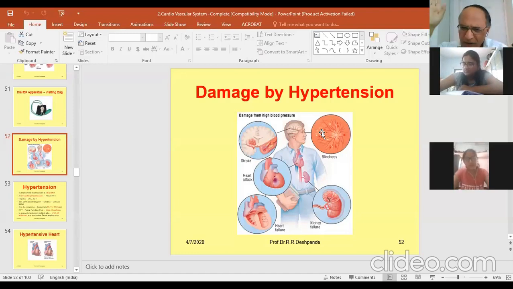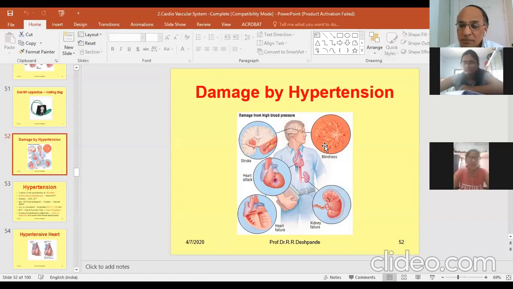Most times, no treatment and not bothering. Doing all the mischiefs in his life. Not control on the diet, not control on the lifestyle. So you must understand this hypertension and diabetes can damage your internal organs, and one day you will land into such a trouble that cannot be reversible. This is the problem. That cannot be reversible.